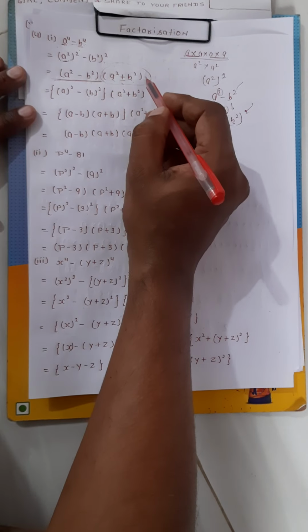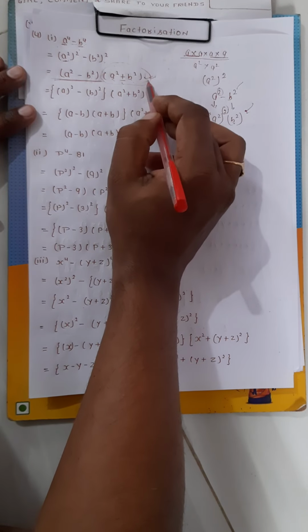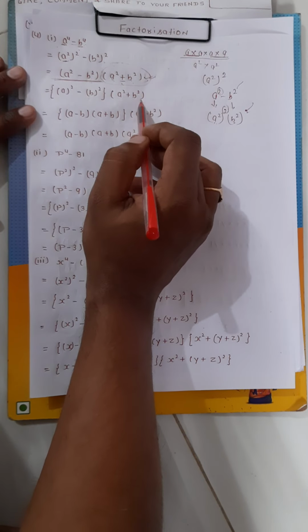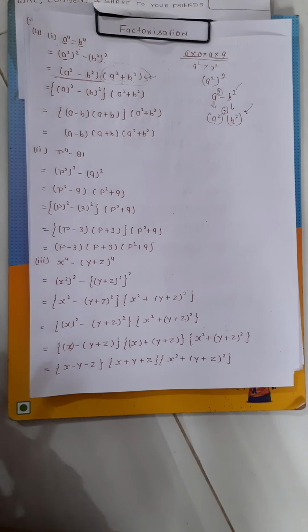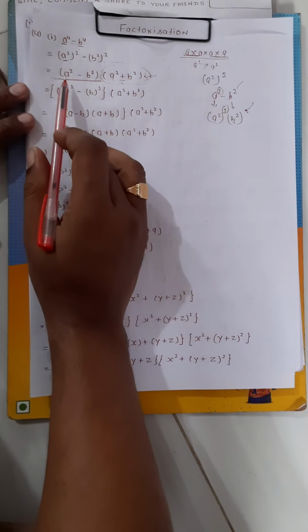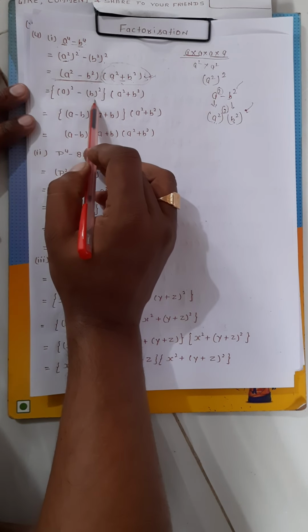So we cannot do anything for this term. We will write it down directly as usual, but we will work on a square minus b square because here we can apply identity number three. So a square minus b square means whole square of a and whole square of b.